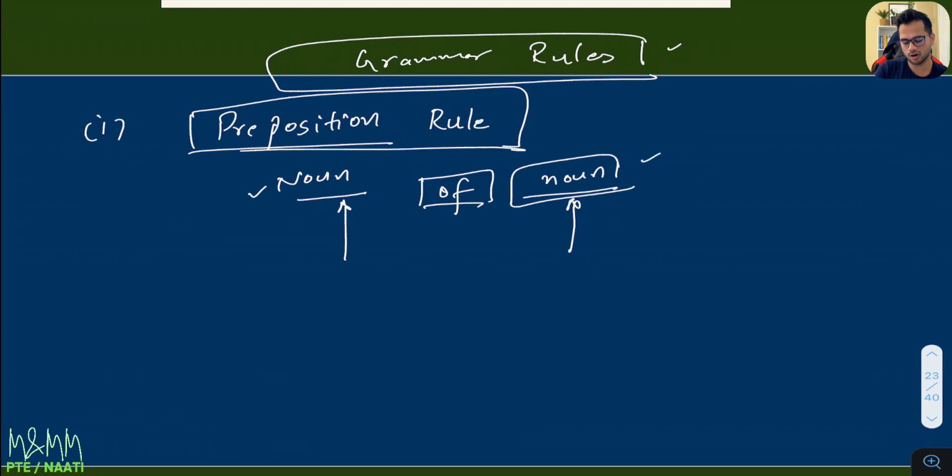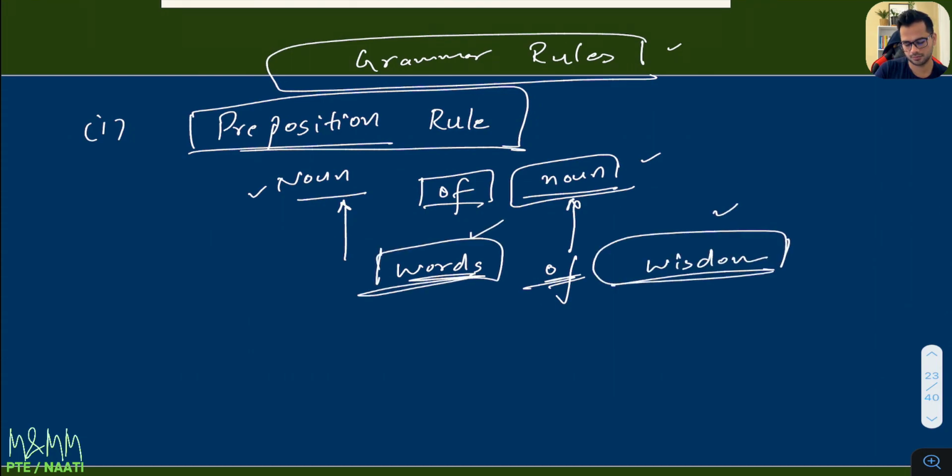The other side automatically becomes noun as well. So if one side is a noun, another side automatically becomes a noun. For example, if I say words, it's an abstract noun, of wisdom. If one side is a noun, other side automatically becomes a noun as well. So that's one grammar rule.